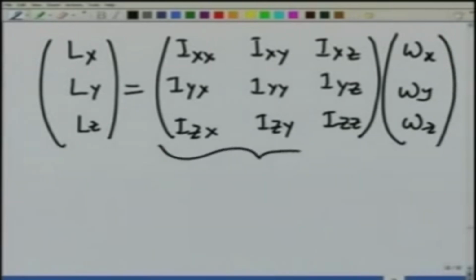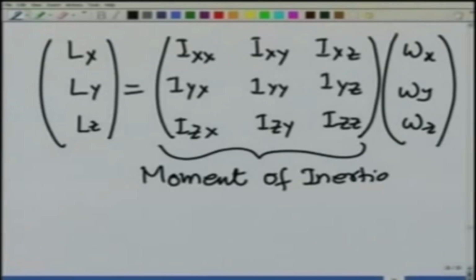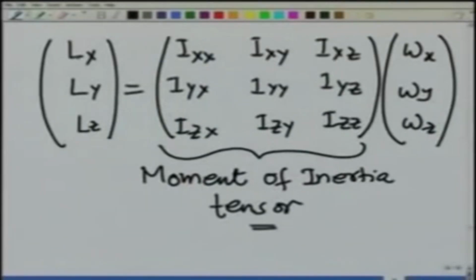And this matrix is known as the moment of inertia tensor. It is a tensor because it has 9 components which transform in a particular way. So, the situation is quite complicated. To calculate Lx, Ly and Lz, we need these 9 components, well really 6 components, because Izx is equal to Ixz and Izy is equal to Iyz. We multiply these 6 components by omega x, omega y and omega z, and calculate the angular momentum.